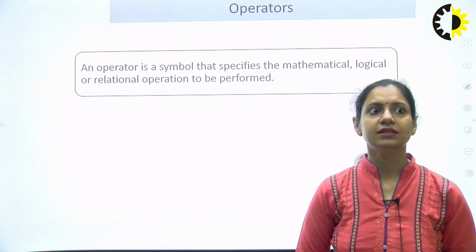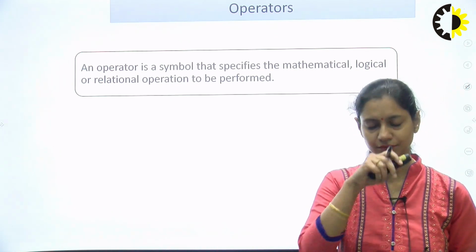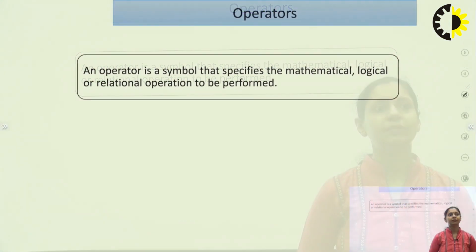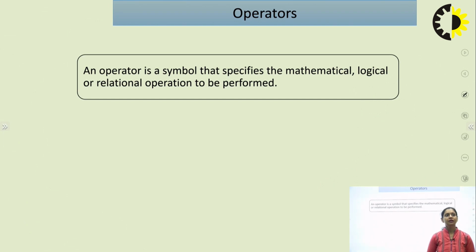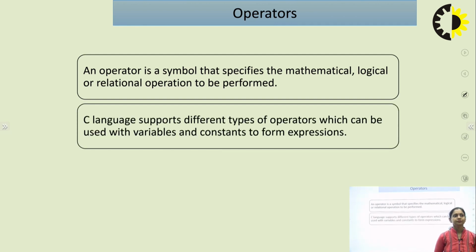An operator is a symbol that specifies the mathematical, logical or relational operations to be performed. So we have three types of operations. The first one is mathematical, that is arithmetic operations. Logical talks about the logic in the program, and relational talks about the relation between the two variables that are being used in the program.